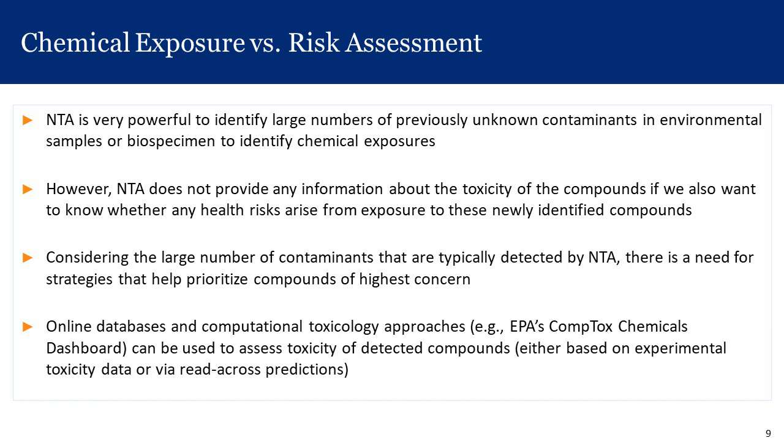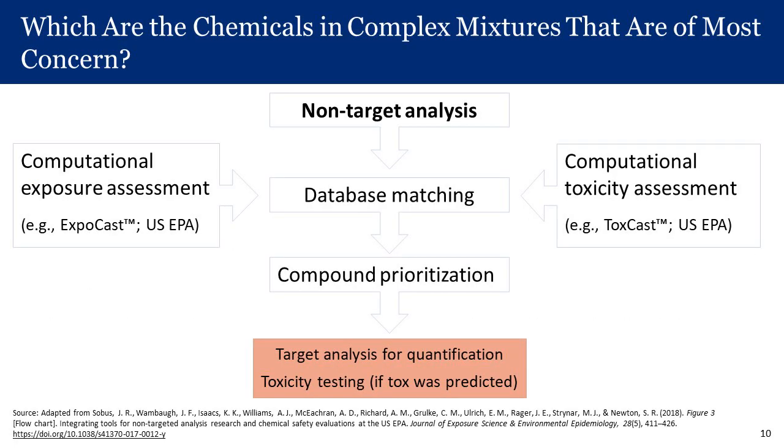And just to put this in context, which is shown here in this graph, you have non-target analysis, and then you have this online database matching, where you look for what chemicals have been reported before. You can combine this with this computational toxicity assessment, as well as with potential computational exposure assessment, to then prioritize those compounds that might be of highest concern.